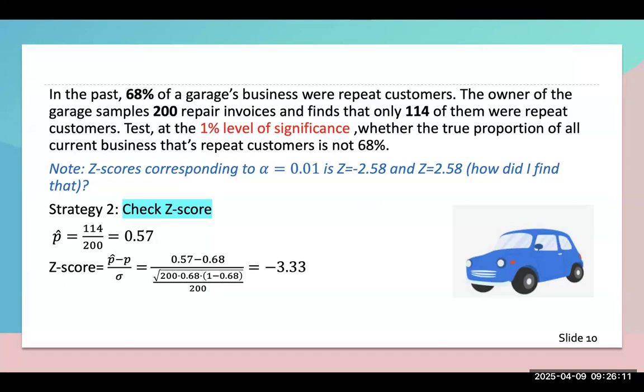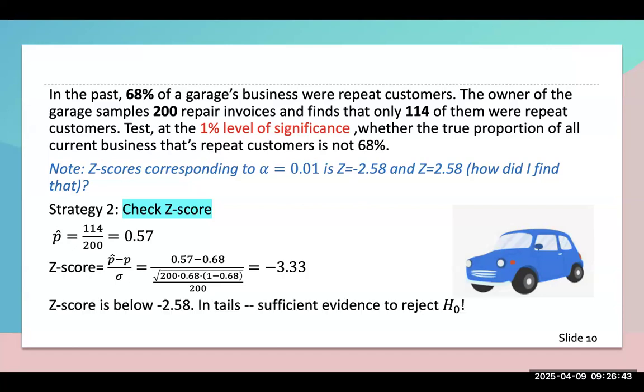So we said that satisfactory statistics are between negative 2.58 and 2.58. If we get something lower than negative 2.58, we're in the left tail. And if we get something higher than 2.58, we're in the right tail. It looks like we got something lower than negative 2.58, so we are in the left tail.